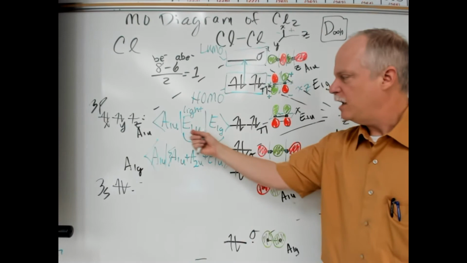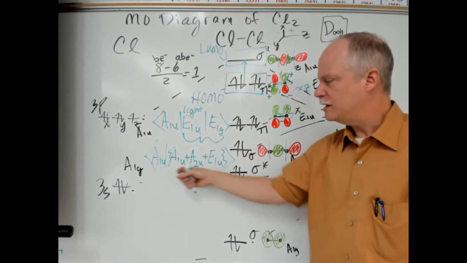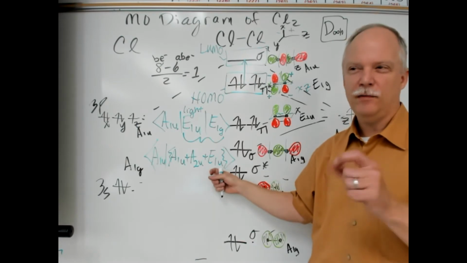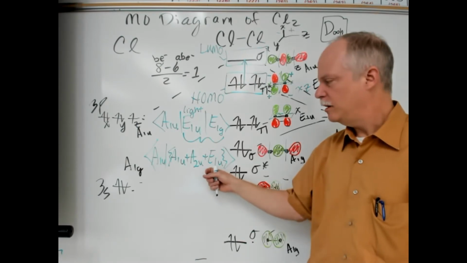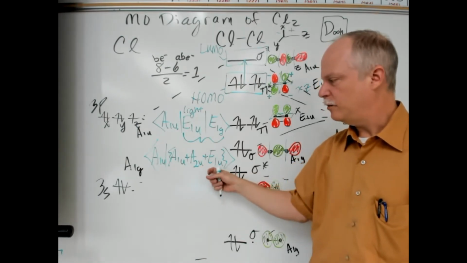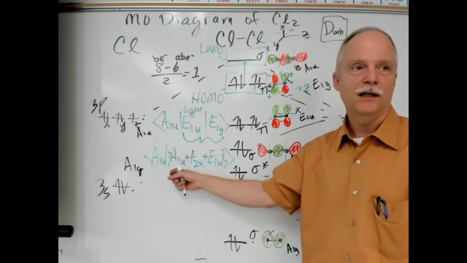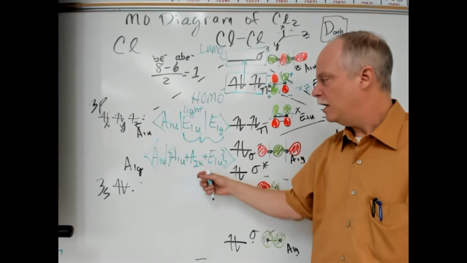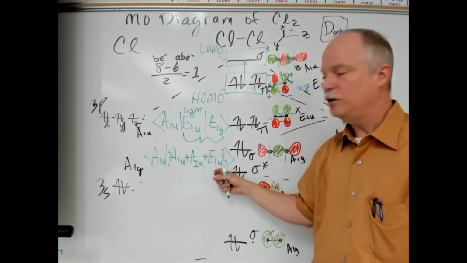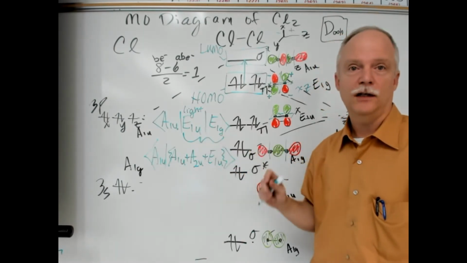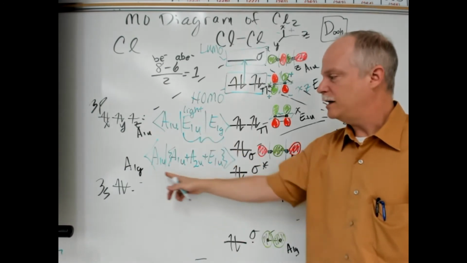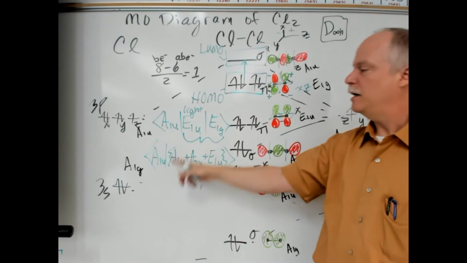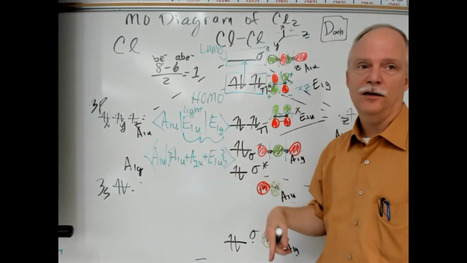So the E1 times E1 gives us these 3 pieces, A1, A2, and E1. You'd have to check my work because I'm going off of memory here, but just check those A1, A2, and E. But I do know that it does give an A1 because anything times itself will give an A1. And then these 3 are used because of the GU transition, or GU rules. Now I take this A1U for the sigma star state and multiply by all 3 of these terms.